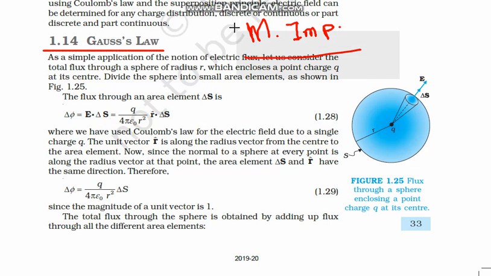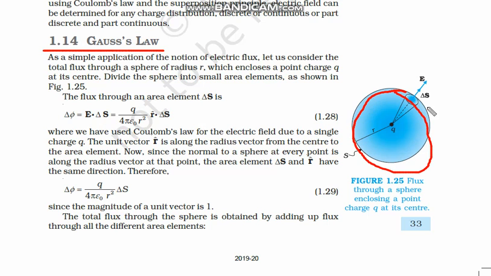So let us go. What we are doing in this is we take a sphere. This is a sphere, not a circle, but a sphere, and we take a volume, this surface area element delta S. So again this is a solid angle, a cone.